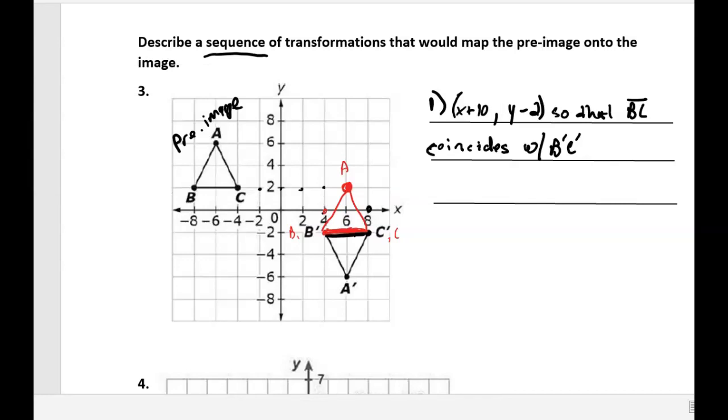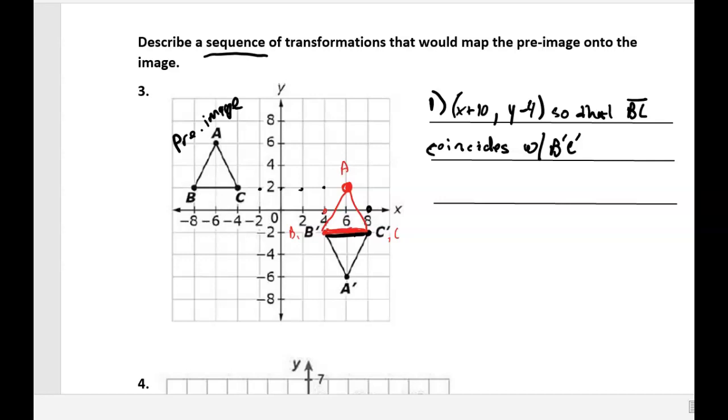And then same thing here. We actually went from 2 down to, from C, we would have gone from 2 down to -2. So that would be a change of 4. So this would be y minus 4. Sorry, wasn't paying attention. But same idea.